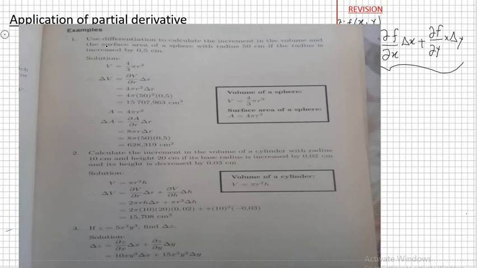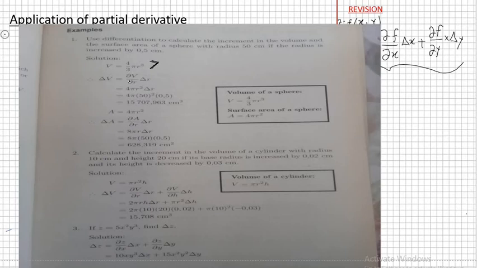They want you to use differentiation to calculate the increment in volume and the surface area of a sphere with a radius of 50 centimeters, where the radius is increased by 0.5 centimeter. So the starting point here is to write down the formula that is used to compute the volume of a sphere. So this is the formula.